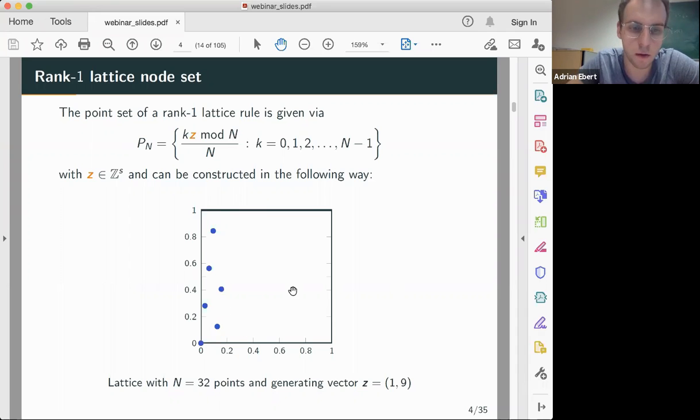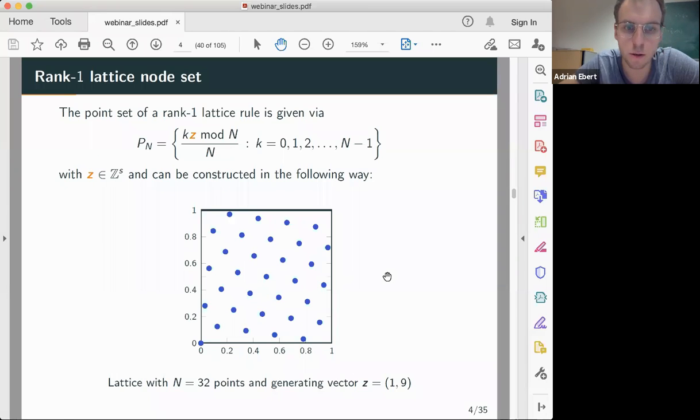And in this way, we always stay in our box. And if we continue to add points in this fashion, we see that the points fill out the space quite well in this example. And in the end, we end up with our 32 points that the lattice point set has here.